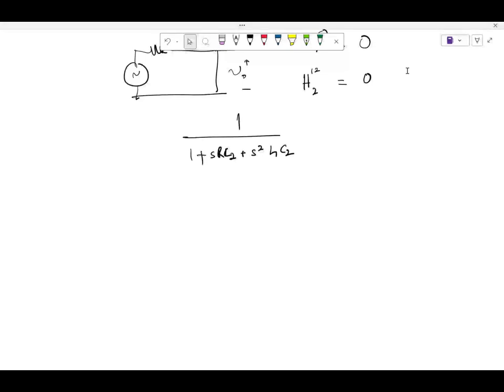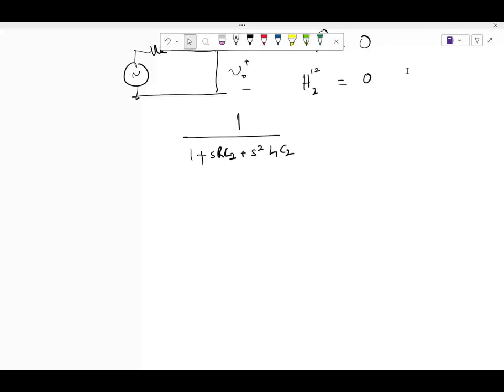I think I referred to it multiple times before. No, it's not the number of energy storing elements. Yeah, all of you are saying more or less similar things, but if you have to nail it down, it's basically the number of independent initial conditions that you can set.